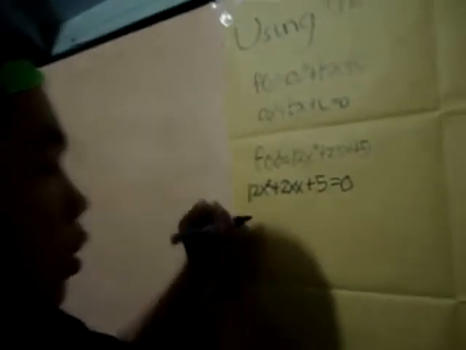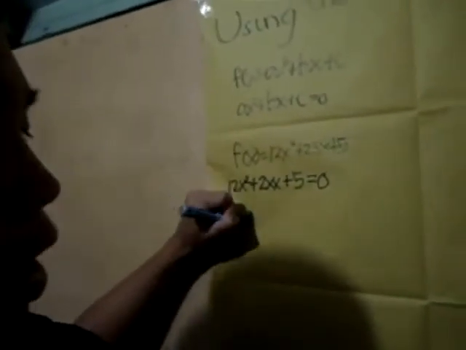The a is 12. The b is equal to 23. And c is equal to 5. First, x is equal to negative b plus or minus square root of b squared minus 4ac, over 2a.